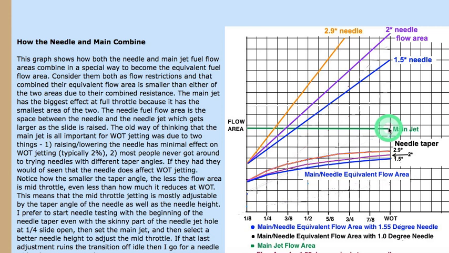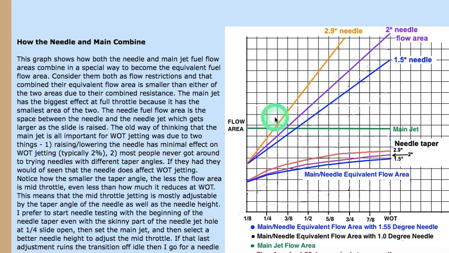Nothing interrupts that. Okay? But the needle, from when the beginning of the taper clears the top of the needle jet and you pull it up and up and up as you open the throttle, the area there becomes more and more. Okay?